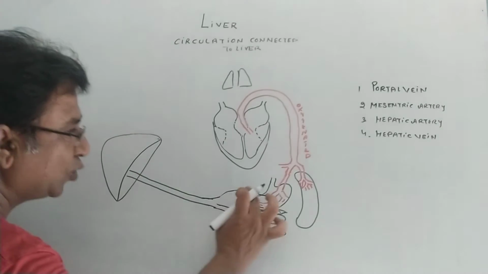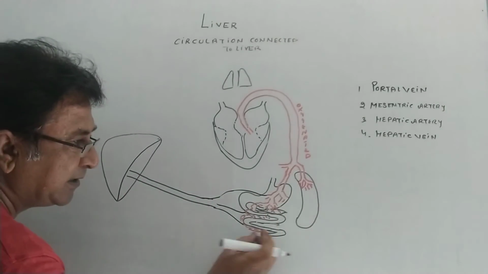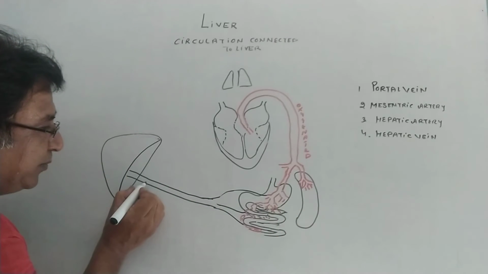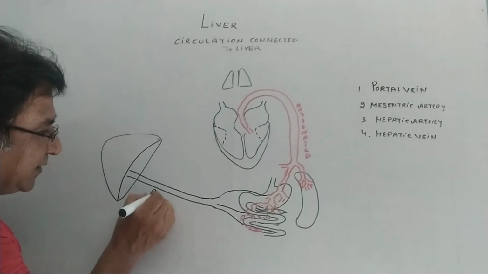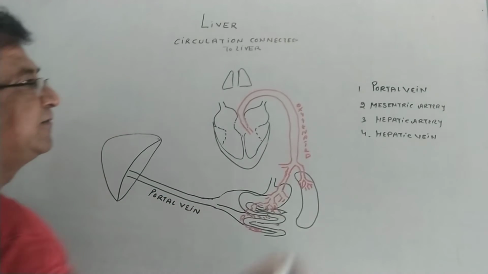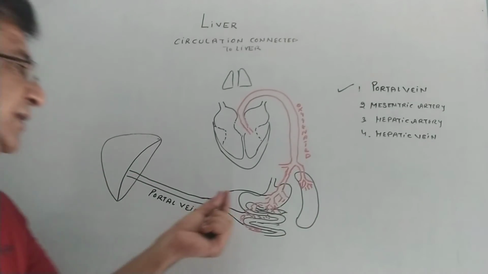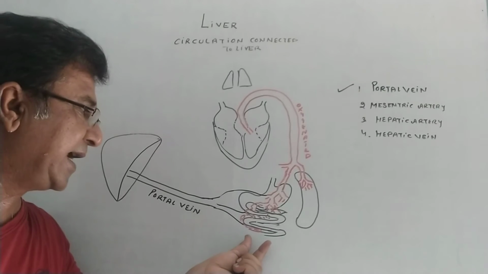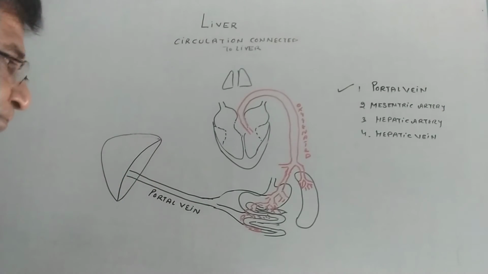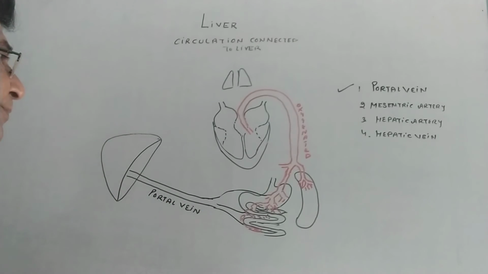The common vein coming from the pancreas, the small intestine and the stomach, all together make a common vein called the portal vein. So the portal vein is coming from the stomach, pancreas and small intestine, entering into the liver. So this blood has a lesser amount of oxygen.